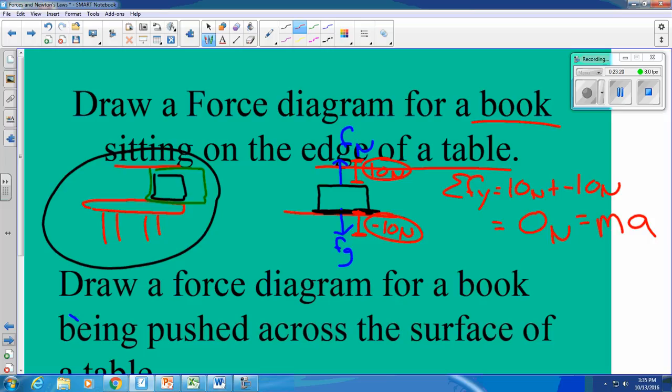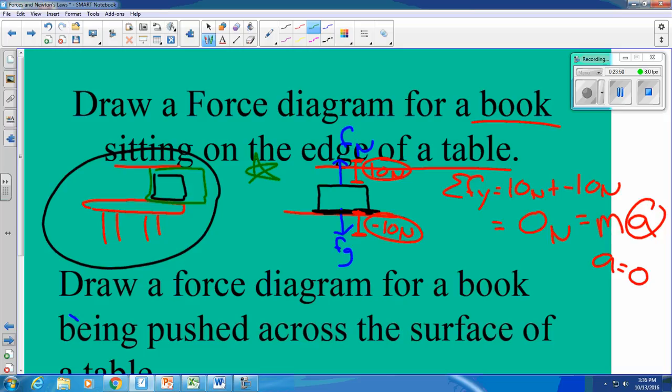Well, it's impossible to have a 0 mass, which must mean that my acceleration equals 0, which means nothing is changing. Well, if my box is sitting still, nothing better be changing. It doesn't have a position change. It doesn't have a velocity change. It's doing nothing, and my picture just showed me that.